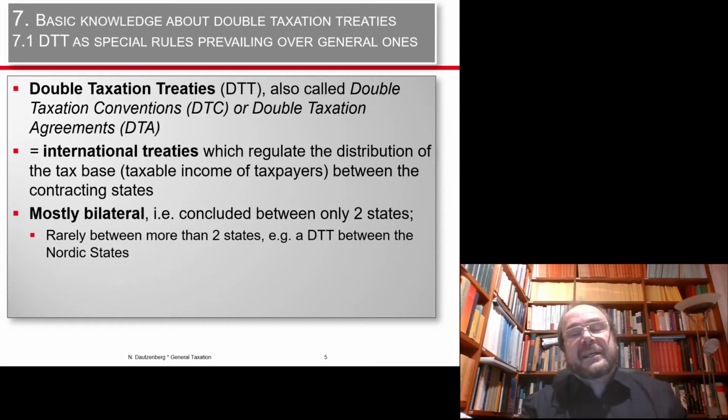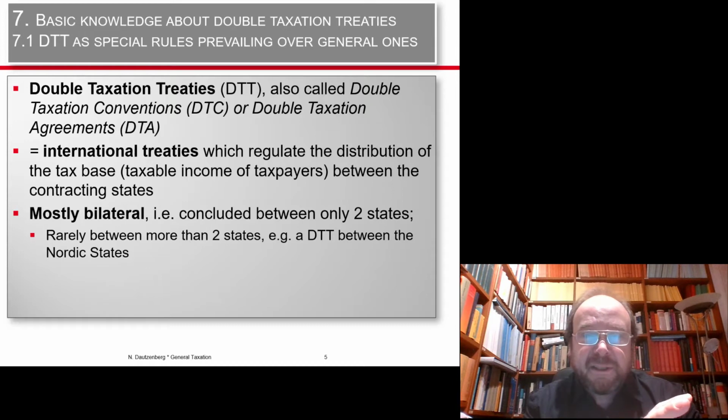Well, let's go a bit into the matter. International treaties, that is what double taxation treaties are, and they just talk about when your world income is from several states and they want to avoid that you are taxed in both states. Here, for example, due to unlimited tax liability, and there where the money comes from due to limited tax liability, that might be in the total too much.